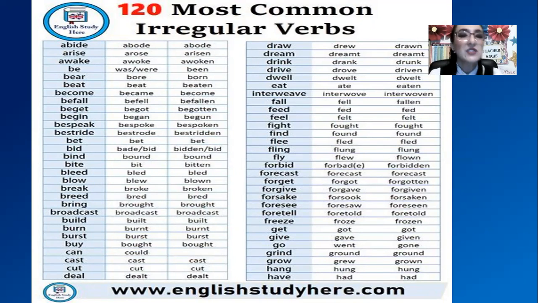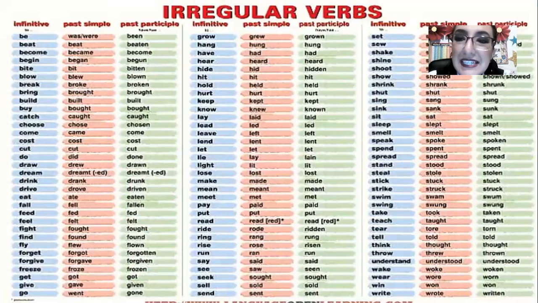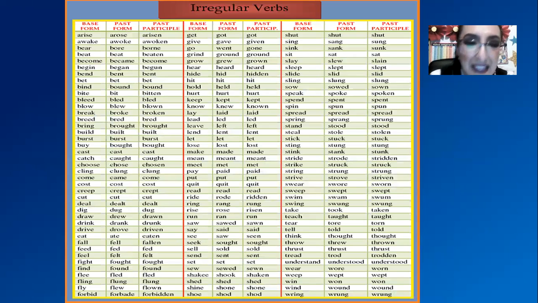120 most common irregular verbs, okay? We can start here with these ones, and then you can continue with this list or this list.